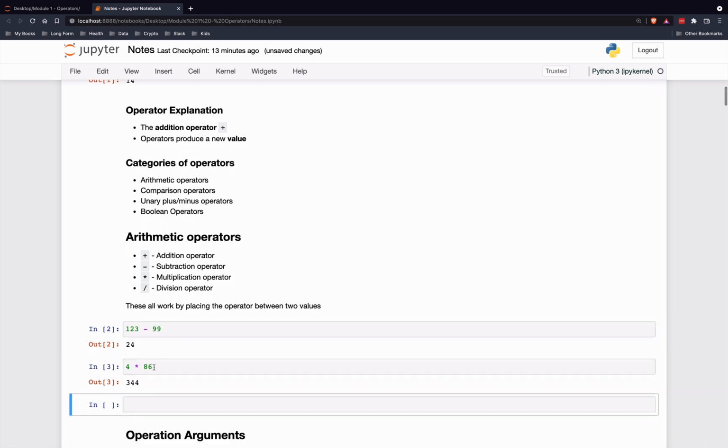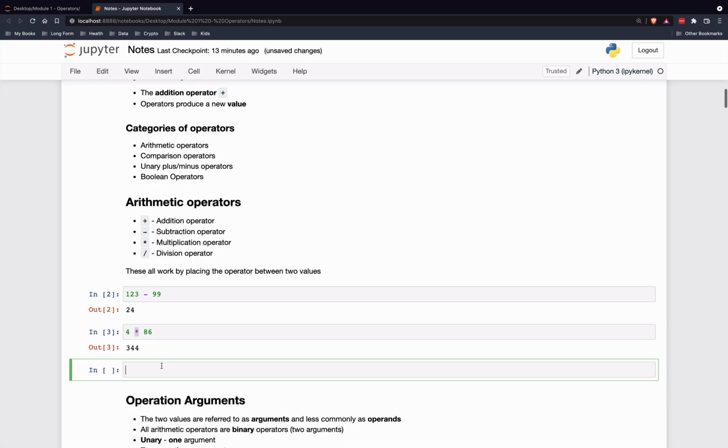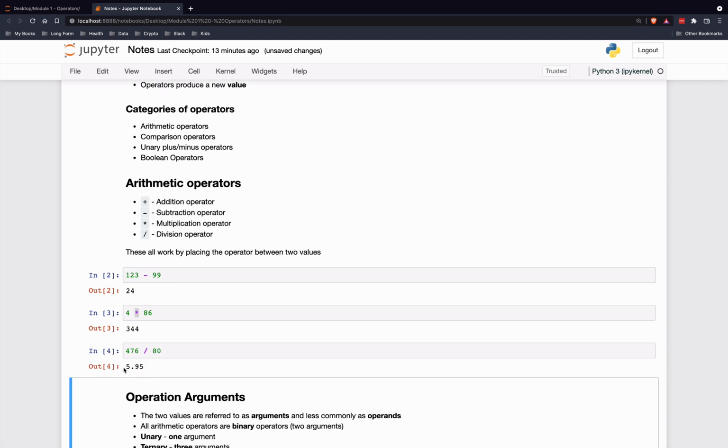All right, so a number to the left of the operator, a number to the right, and in the middle we have the operator. And then we have this forward slash over here. This is the division operator. So let's say we have 476 divided by 80, we'll get this number right here. So those are the four arithmetic operators, and they should all be pretty straightforward.